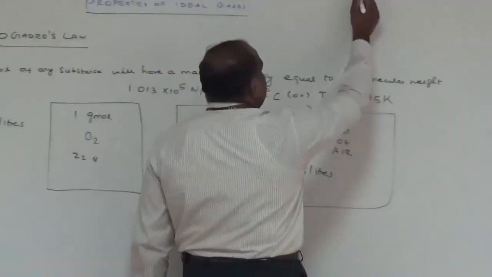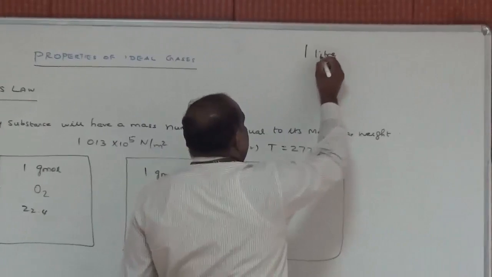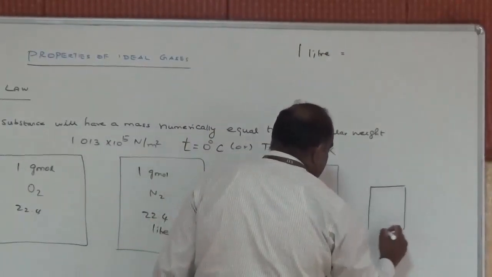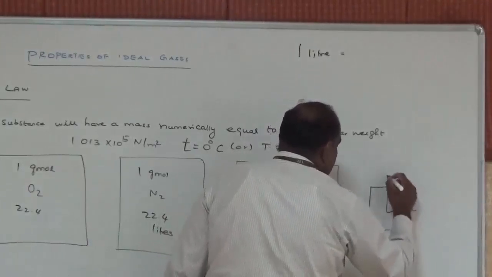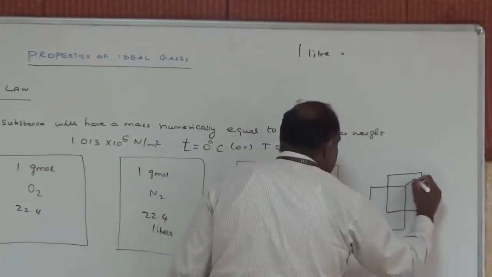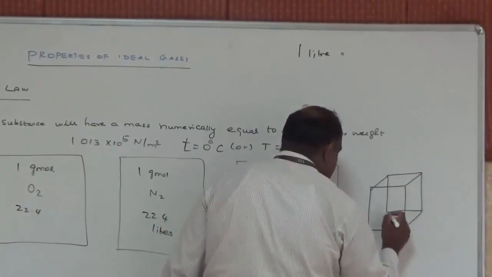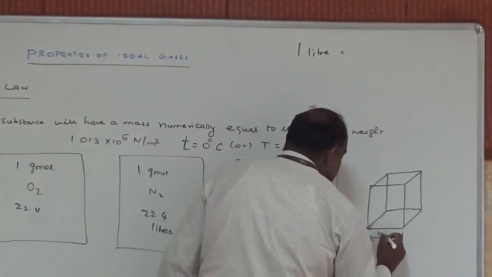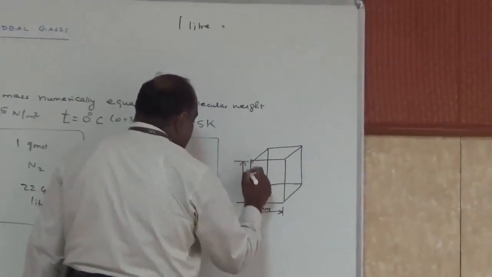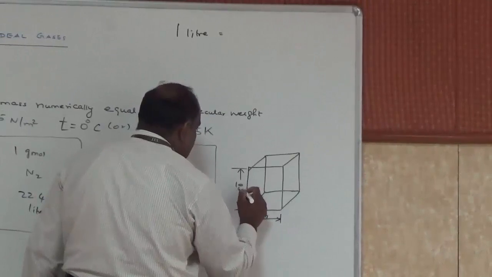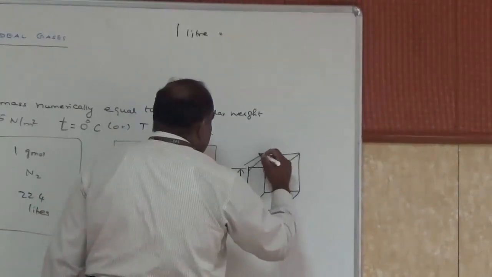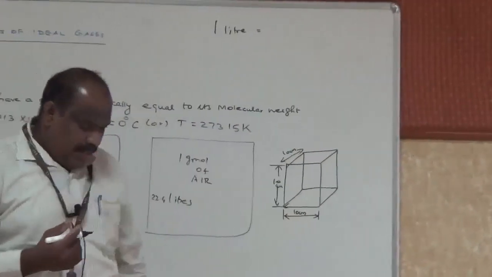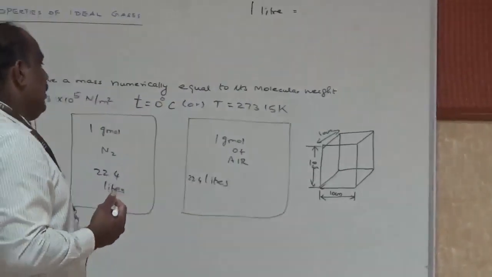So what is 1 liter? If I have a beaker such that the breadth dimension is 10 centimeter, the height is also 10 centimeter, and the width, the thickness perpendicular to the board, is also 10 centimeter.